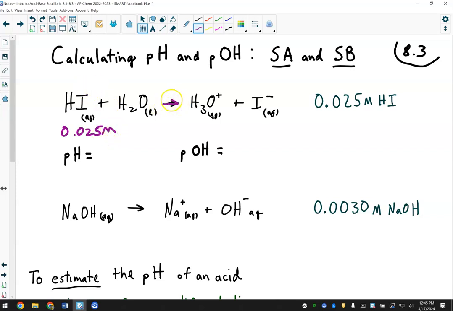Notice that it's written as a completion reaction. So the concentration of hydronium, which is really what's acting as the acid, is 0.025. Remember this from Unit 4? So the pH is going to be the negative log of 0.025.